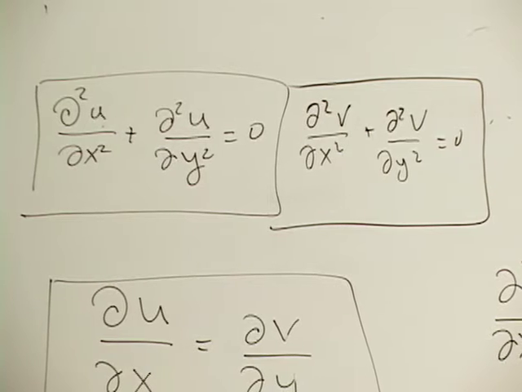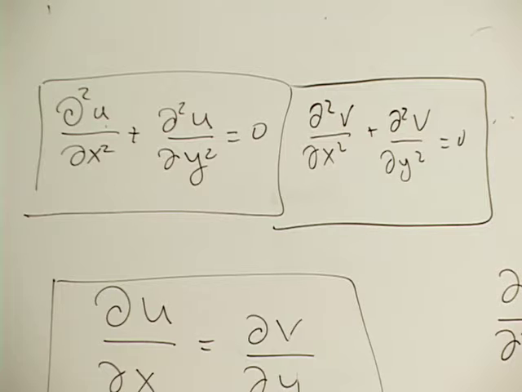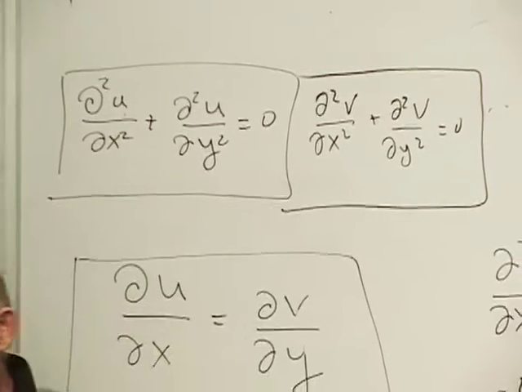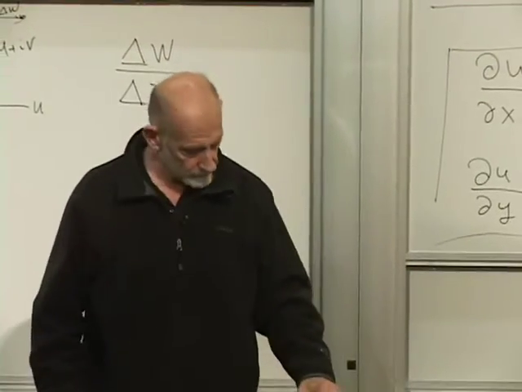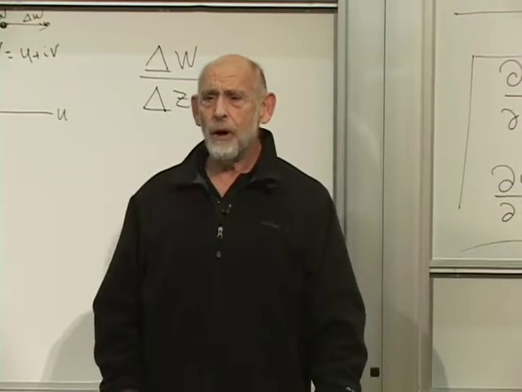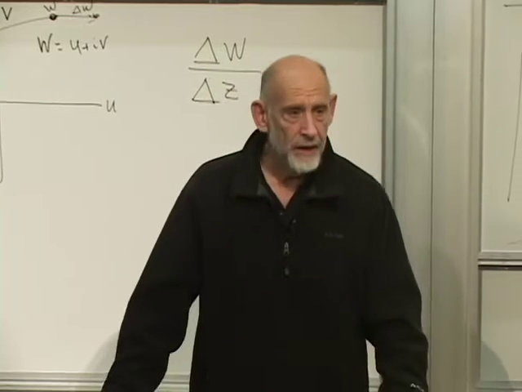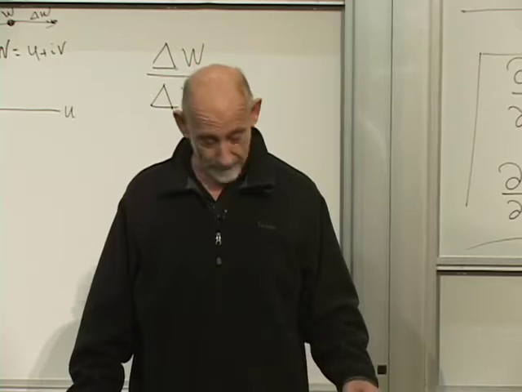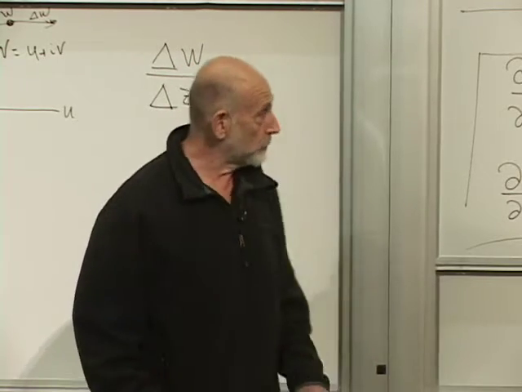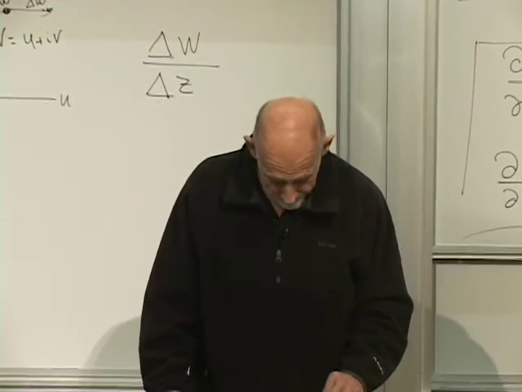So first of all, an analytic function, w of z, contains 2 real solutions of the Laplace equation. That's interesting to know. Every analytic function, every function which has a derivative. And incidentally, most of the simple functions that you would be likely to write down are analytic. So in this way, you can generate a large family of solutions of the Laplace equation.